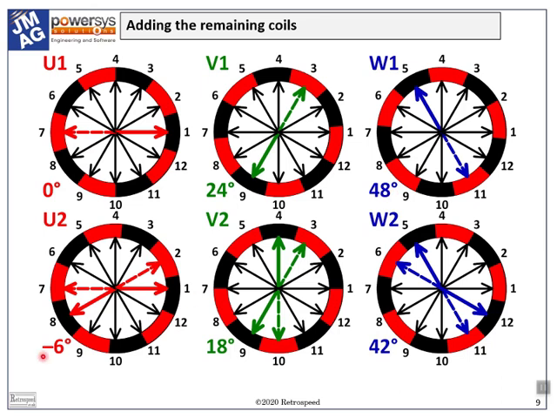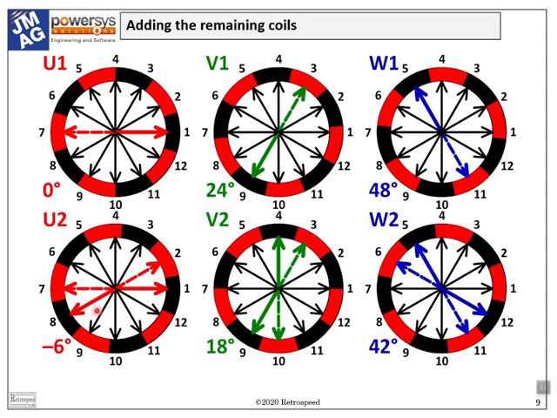In the second row, at U2, we can see that if we rotate the rotor backwards by 6 mechanical degrees, coil 8 comes into perfect alignment with a black magnet, while coil 2 is in perfect alignment with a red one.